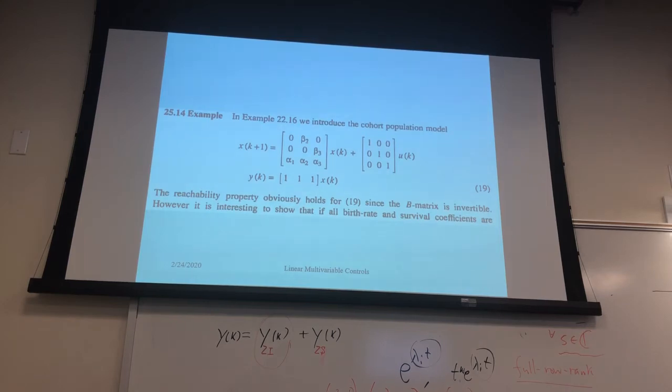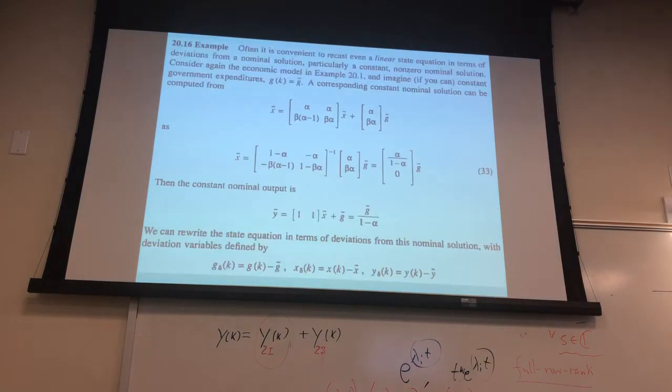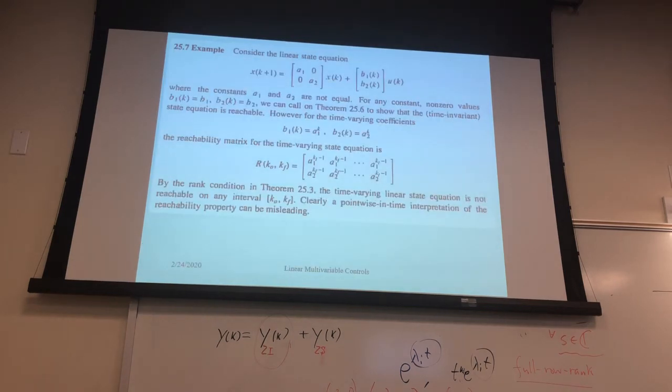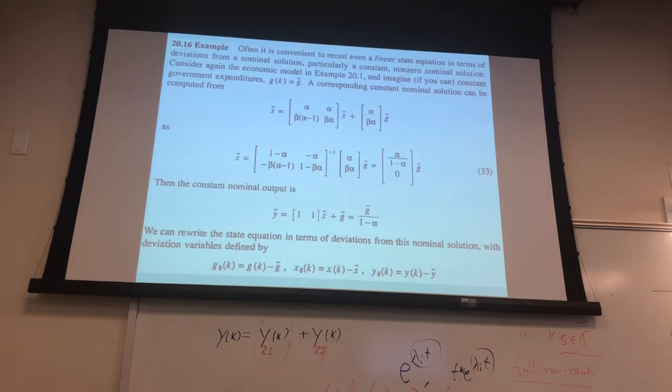So let me go back to give you the background about example 20.6, 10.16. Linear state equation in terms of deviation from a nominal solution. Then you can get a linearized system.